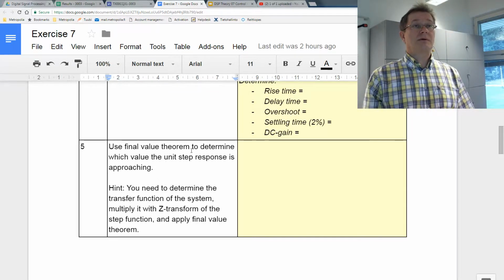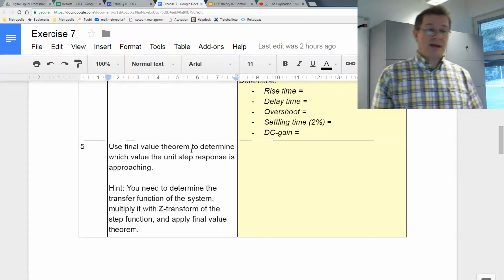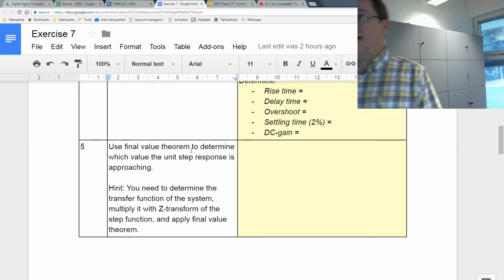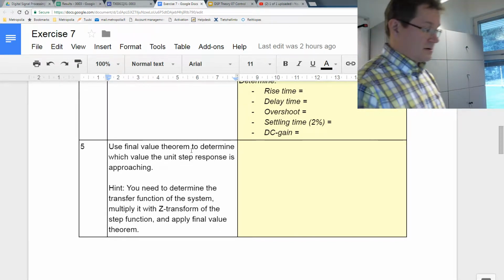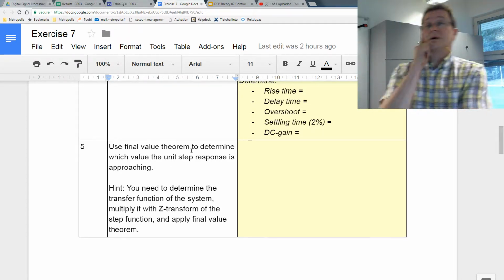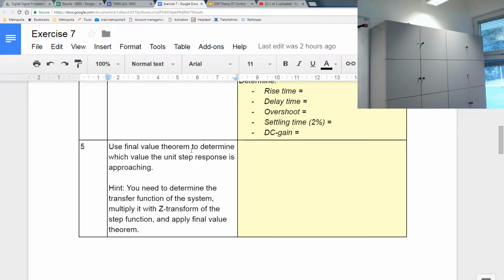The same thing also on Octave, and then basically multiply that one with the step function, the Z transform, and then do the final value theorem on that one. So final value of the step response, which is the same as the DC gain of the system.